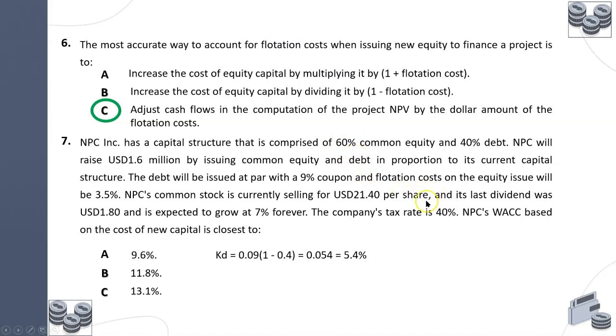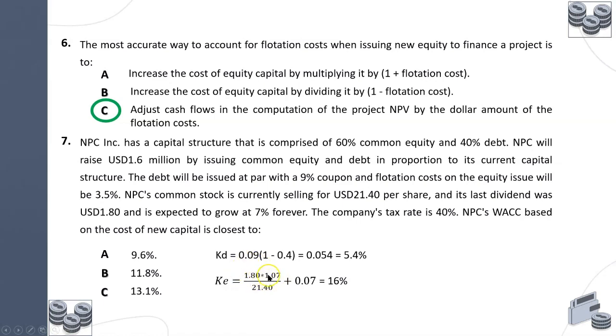Now, we need to calculate the cost of equity, as I mentioned, using the dividend growth model, which is cost of equity equal to the current equity dividend, which is 1.8, times 1 plus 0.07. 7% is the growth. By multiplying this figure by 1.07, I will get next year's dividend.